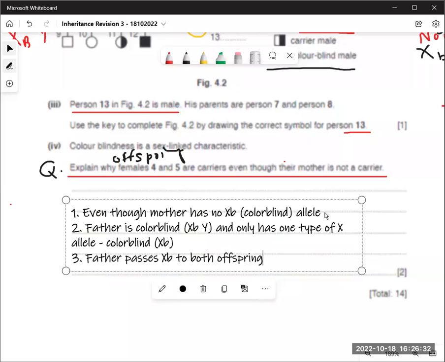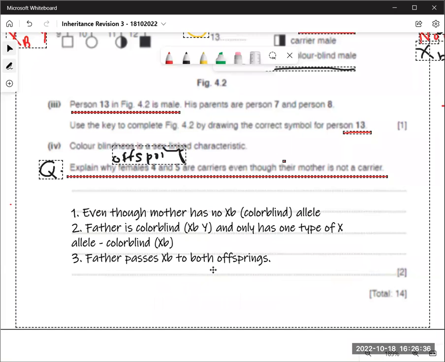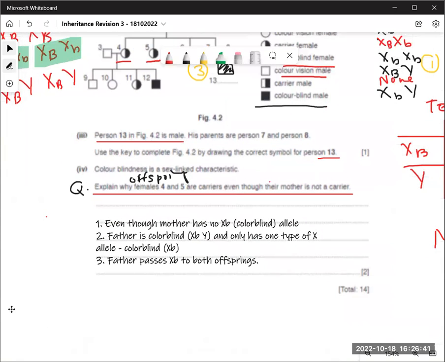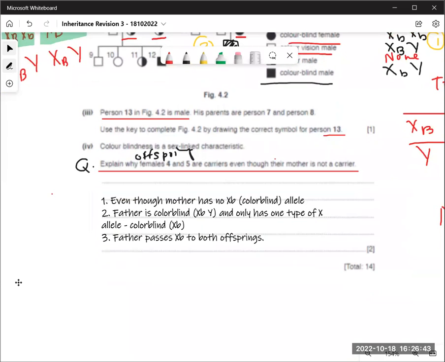So even though the mother does not have any colorblind alleles, the father does have, and that father is basically passing it to the offspring. Write this down. Tell me when you're done. Done, sir. Done. Now that is all for today.